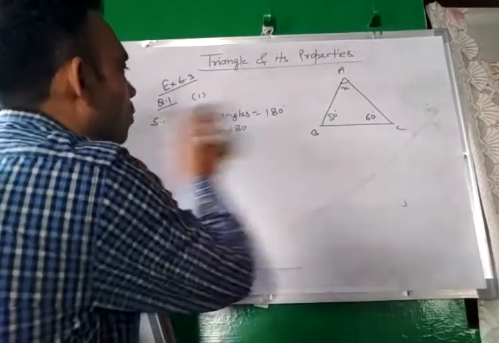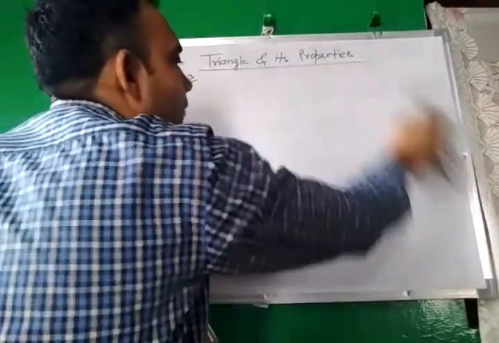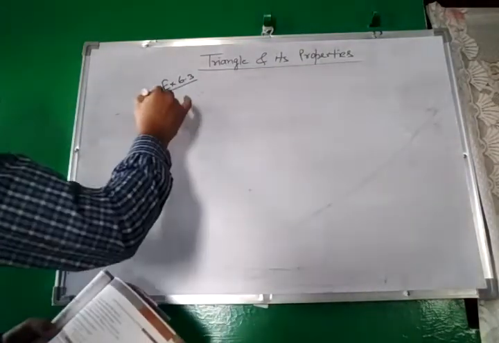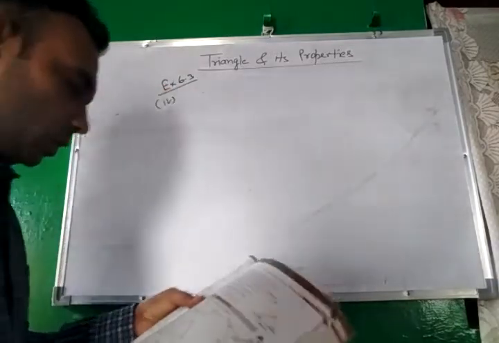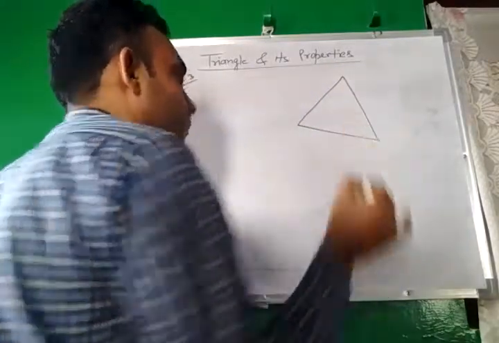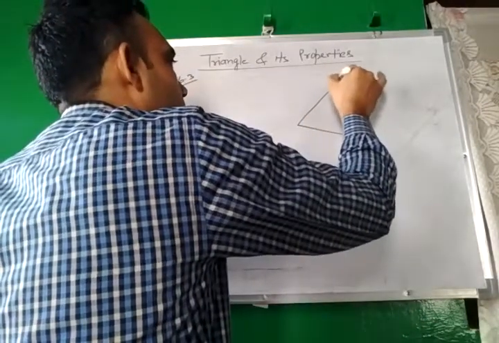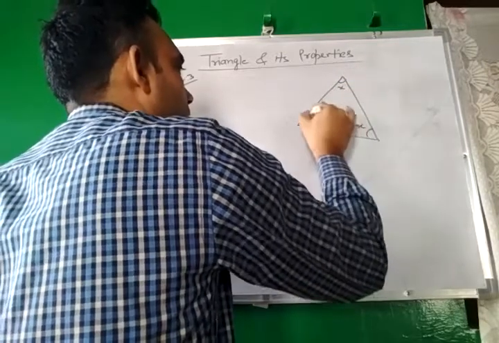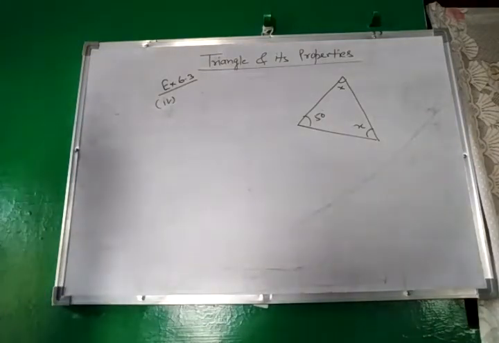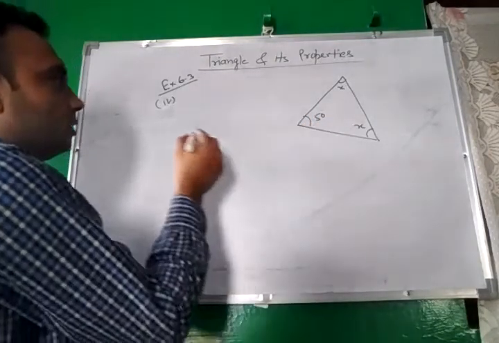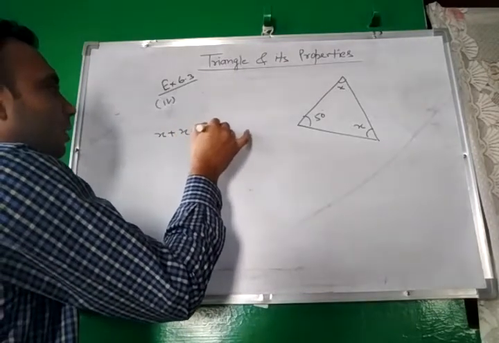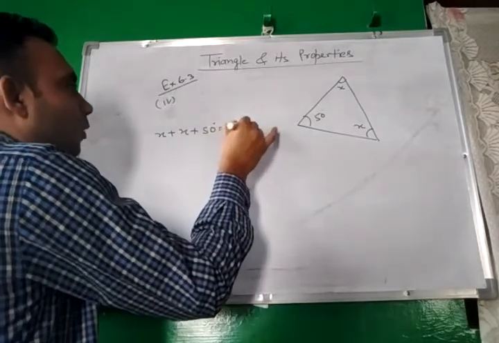Same and simple questions, all are of the same type. Part number 4: given a triangle, this is x, this is x, and this is 50 degrees, and we have to find x. Because this is a triangle, using angle sum property, x plus x plus 50 degrees is equal to 180.